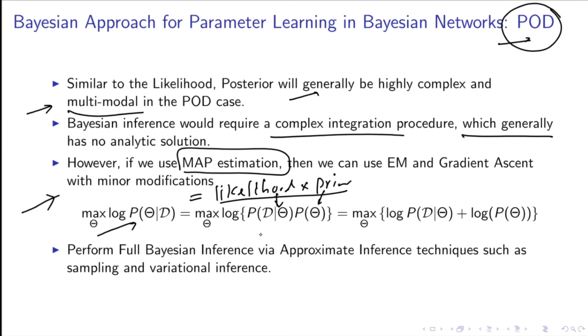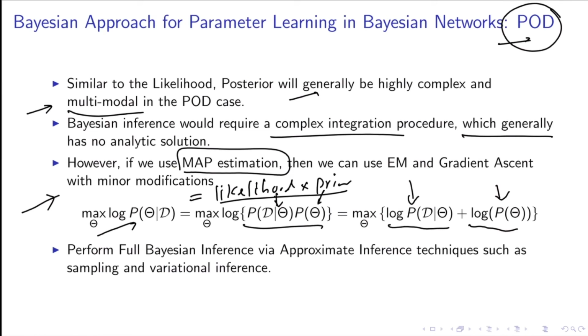The log of a product is nothing but a sum, right? So you take the log of p of D given theta and add to it the log of p of theta, which is the prior. This function is nicely decomposable, and we can easily solve this optimization problem again using the EM algorithm or the gradient ascent algorithm.